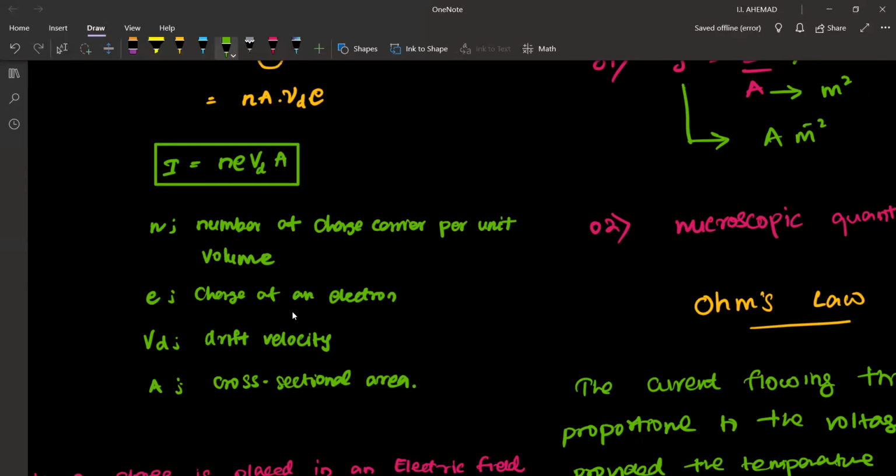No. What about the drift velocity? We also cannot find the drift velocity. But how about the area? Area, we can observe using our naked eye, right? We have an idea about what is area.